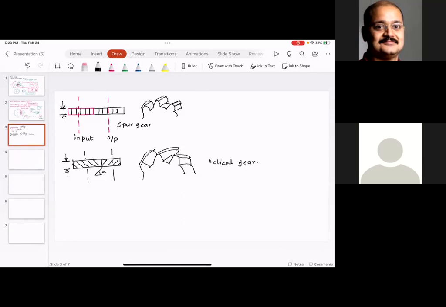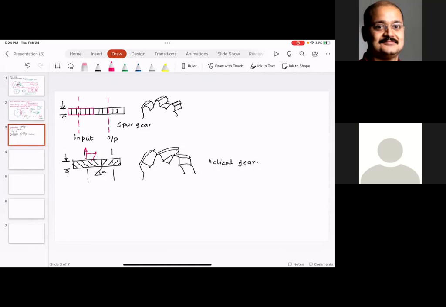Now, what is the disadvantage of helical gear? Please understand, spur gear does not give you any axial force, but since the helical gear is at an angle, you are going to have a component of force in the axial direction.